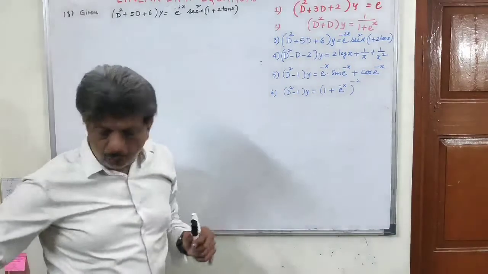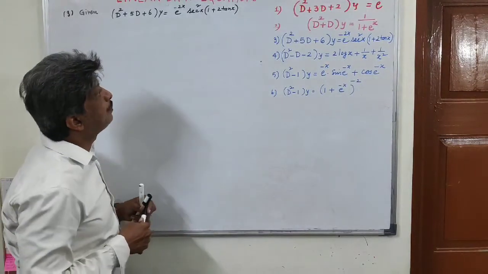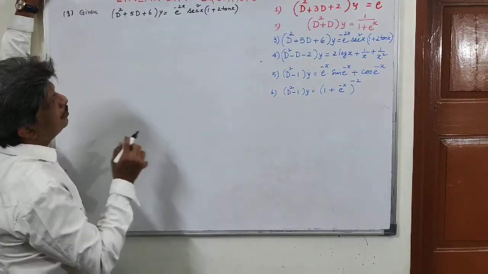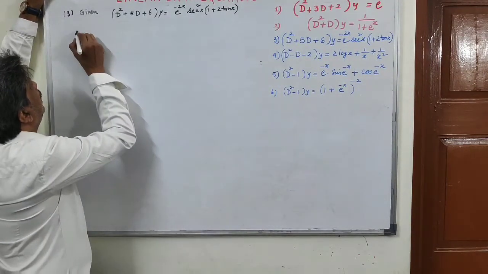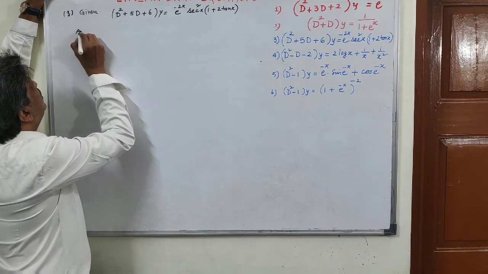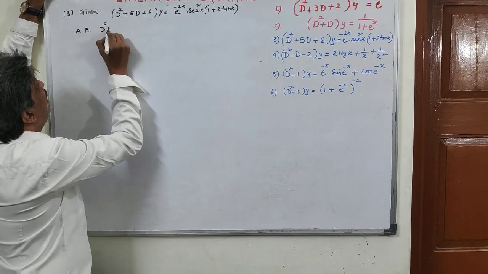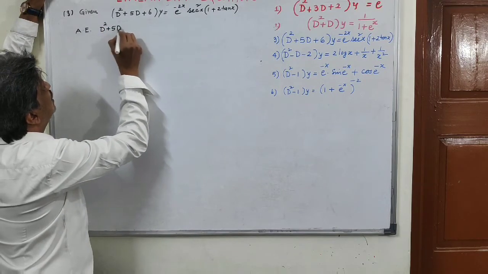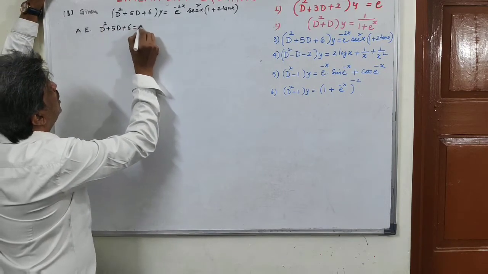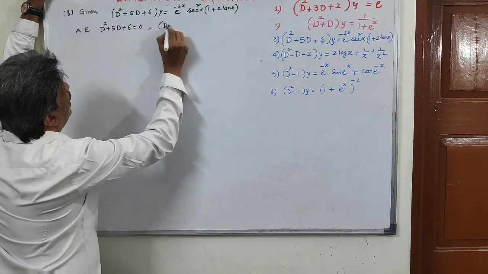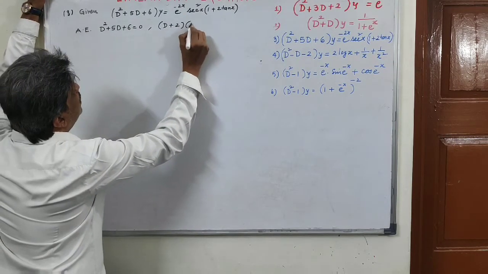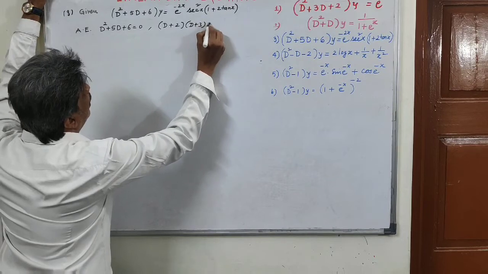Okay. Now, auxiliary equation: d square plus 5d plus 6 equal to 0, that is d plus 2 into d plus 3 equal to 0.